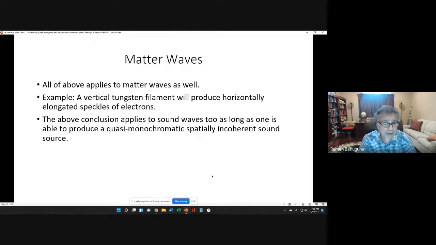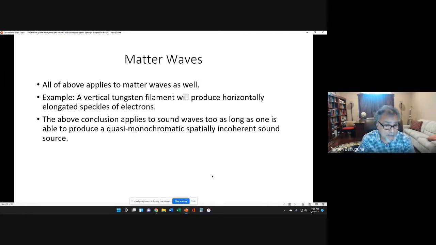Now, all of the above applies to matter waves as well. Example, a vertical tungsten filament will produce horizontally elongated speckles of electrons. Some electrons are going to go through one slit, some will go through the other. And please remember, all the electrons within the speckle have to be correlated because the phase has to be the same.